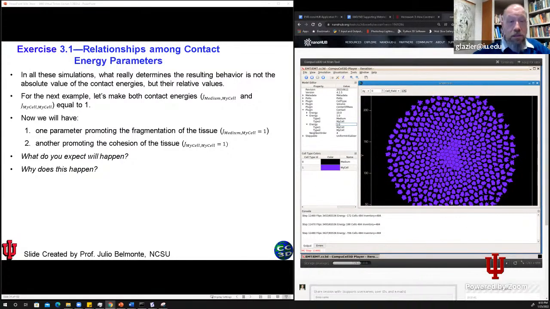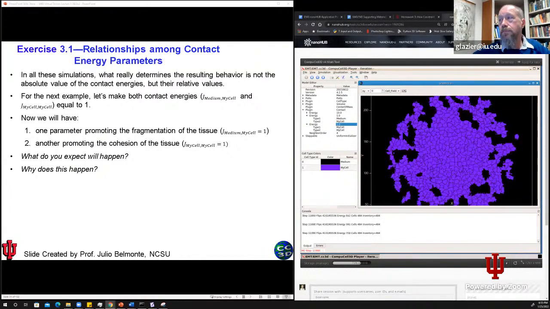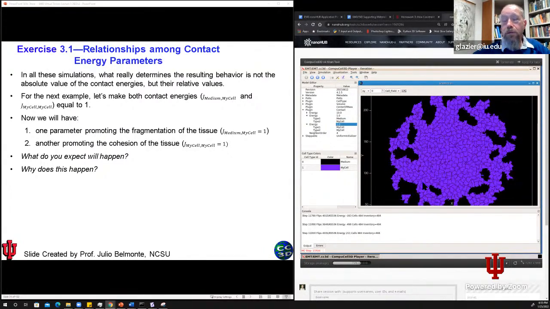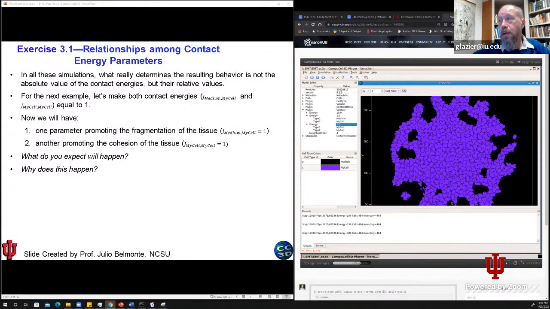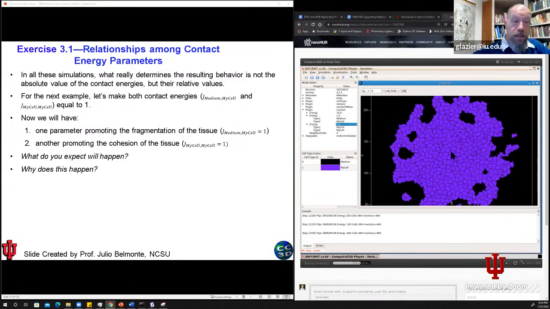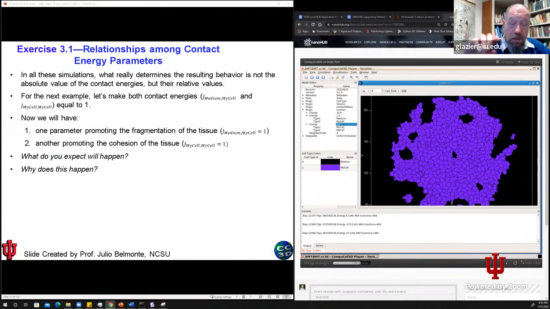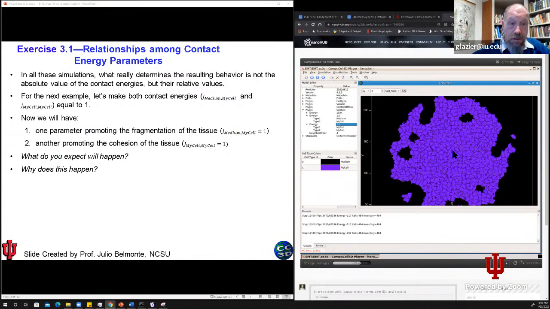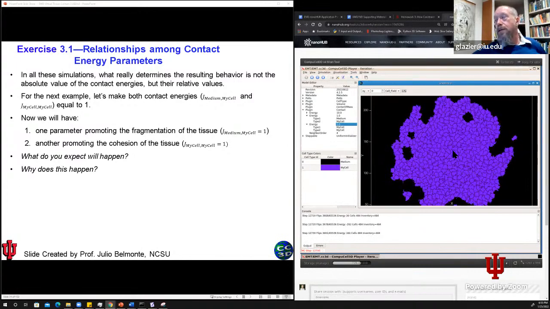I have stray pixels. So let's all do this together. Let's make that 1. They're clumping up, but the cells still have very irregular shapes. So 1 and 1 and 10 and 10 are both the same in terms of the clustering of the cells, but the shapes of the cells are different. In one case the cells are irregular, in the other they aren't.